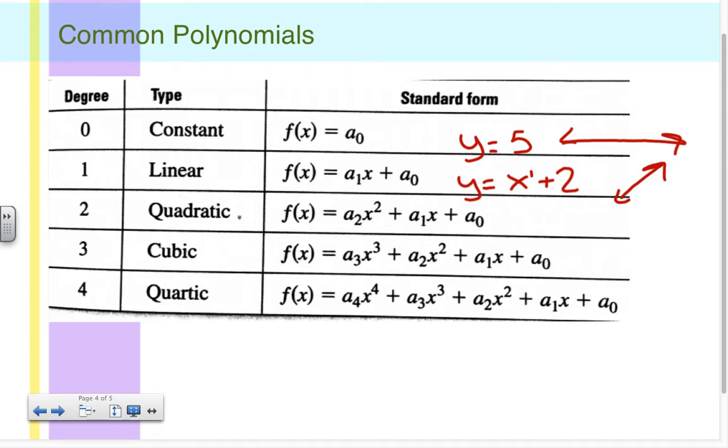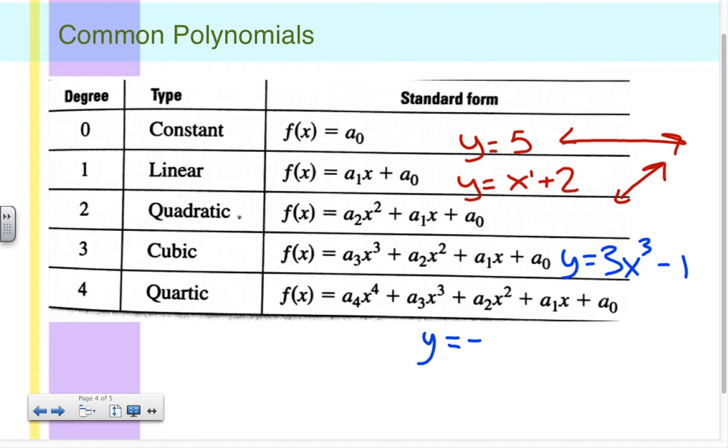A quadratic function has a degree of 2, cubic has a degree of 3, and quartic has a degree of 4. So if my highest degree is 3, like 3x to the third minus 1, that would be considered a cubic function. And same thing with quartic.